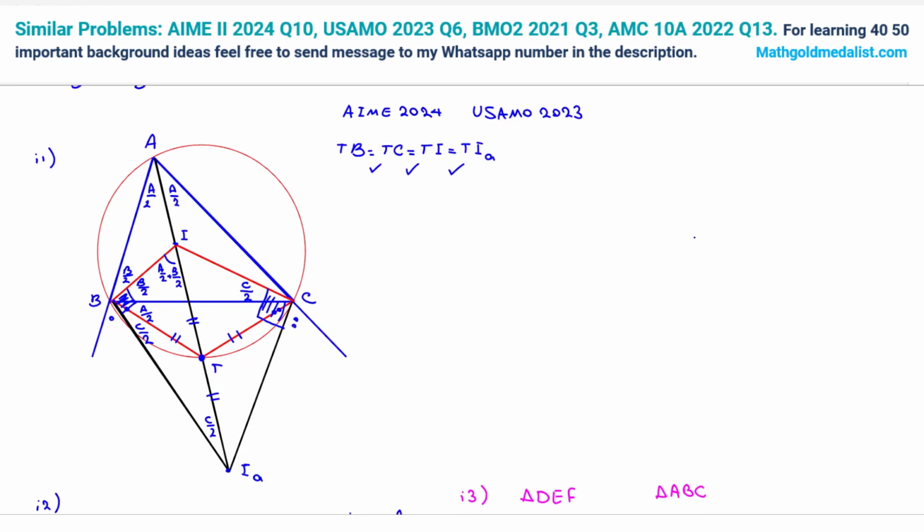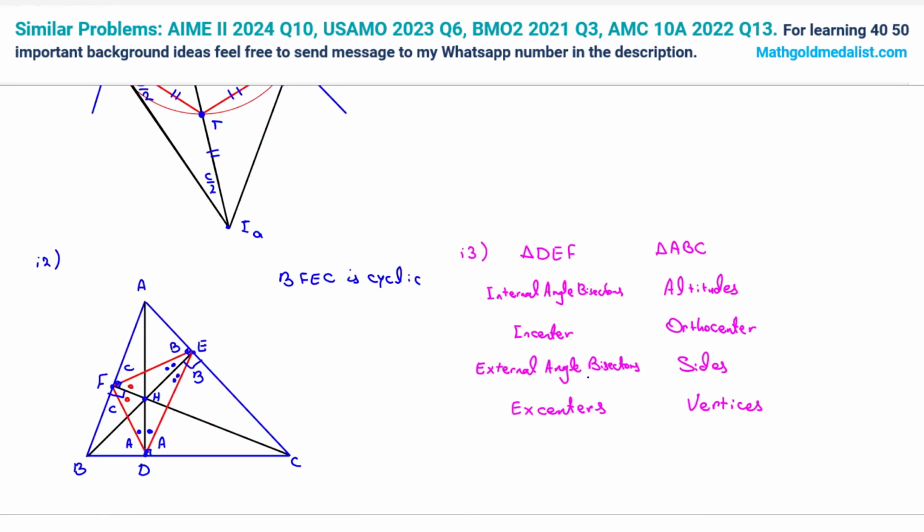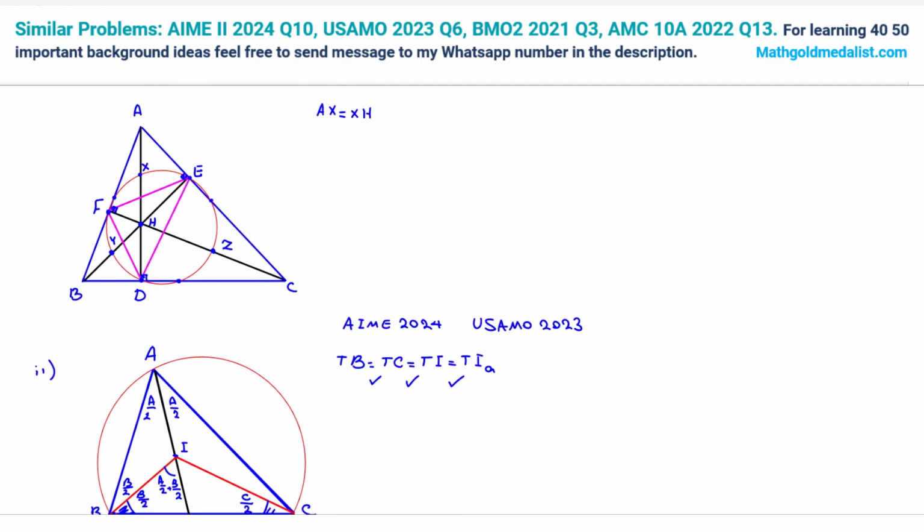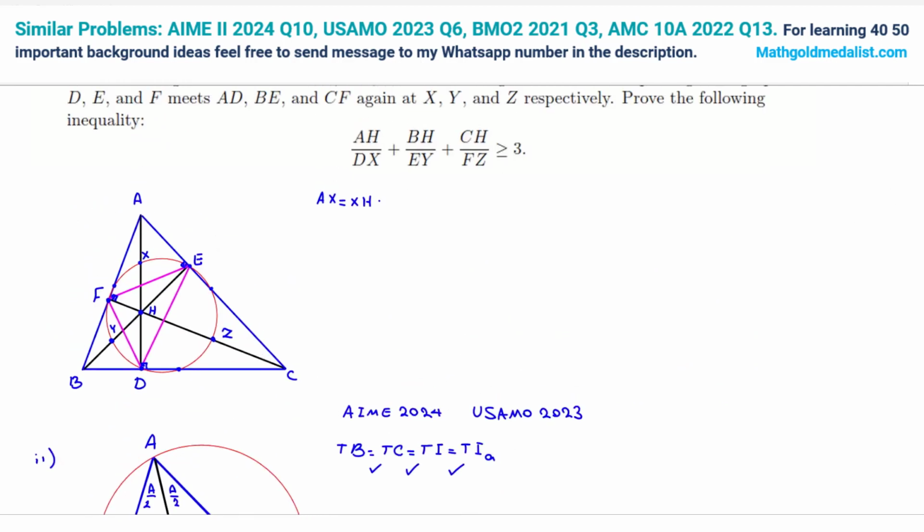Like this, we proved these parts. So we can say AX is equal to XH is equal to HF is equal to HE. If you have questions, as I said before, feel free to send a message to my WhatsApp number in the description. So we know AX is equal to XH.